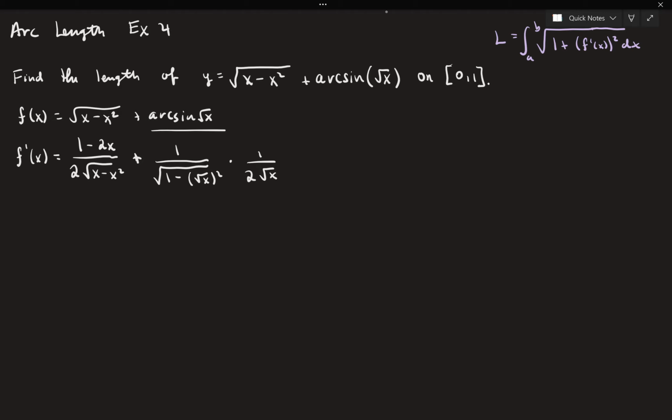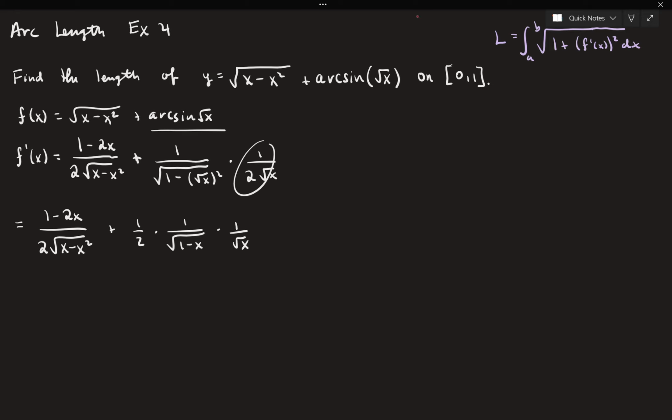Okay, and then this second part I think can do some simplification. 2 root x minus x squared plus, I'm going to take that half out front, this one, root x squared is x, and then I've got an extra root x out front. And now I can see, if I'm stuck at this point, that's okay.